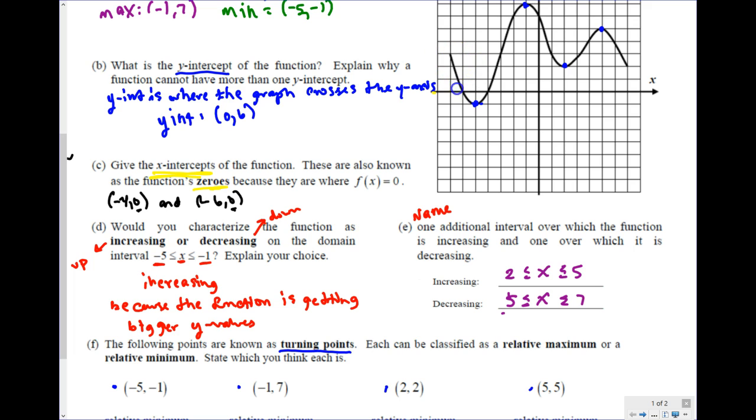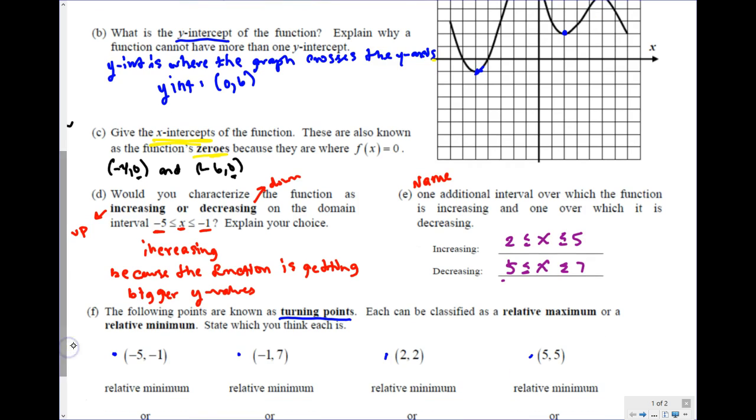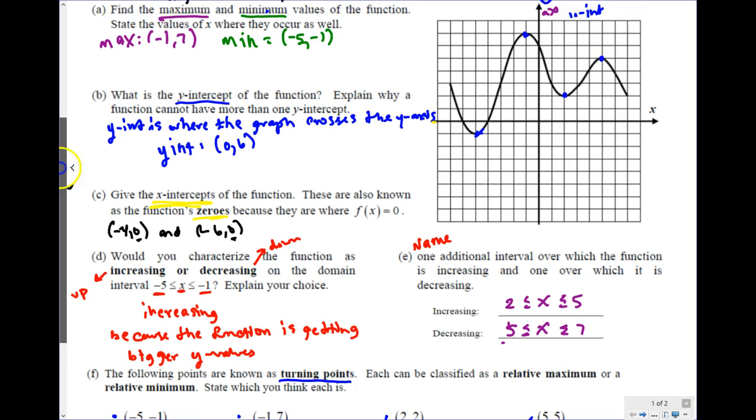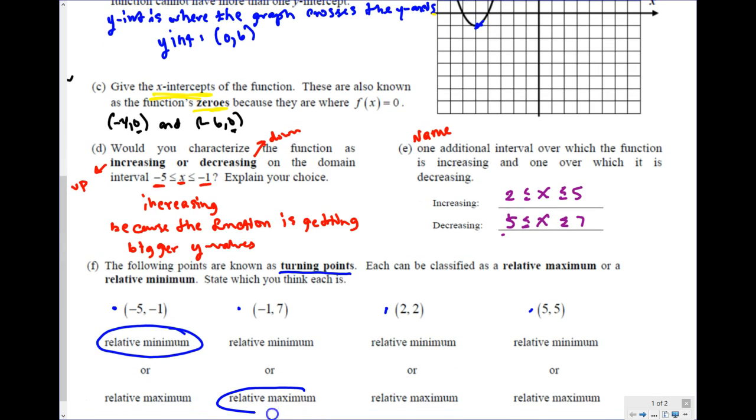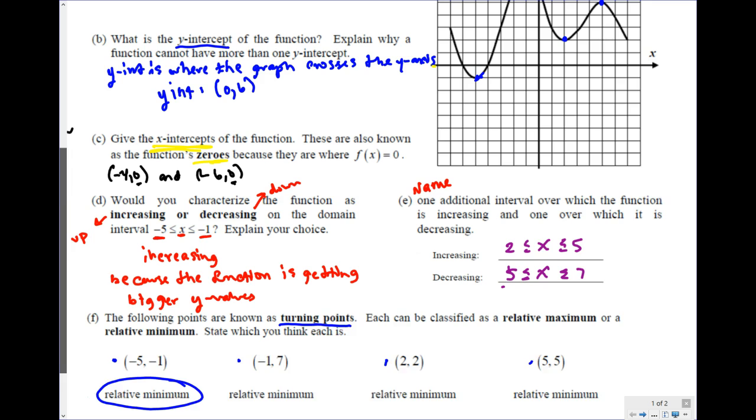If it's going down and then going up, such as this first one, we're going to call that a relative minimum. So this -5, -1 is a relative minimum. However, on the second one, -1, 7, this top one right here, that is a relative maximum. Okay?